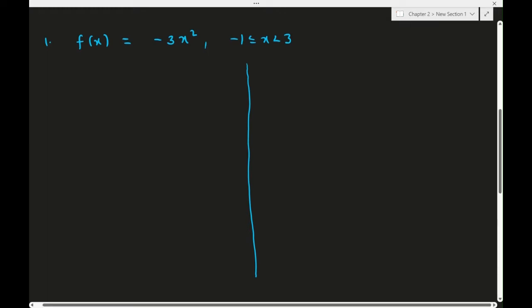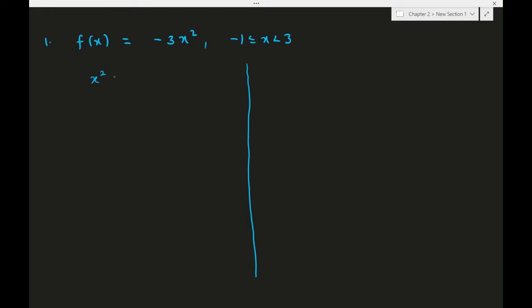If you have an even power, we know that x squared, since it's even, it doesn't matter what x is or where x is coming from. This is always greater than or equal to 0. So if x is 0, we know we'll have 0.